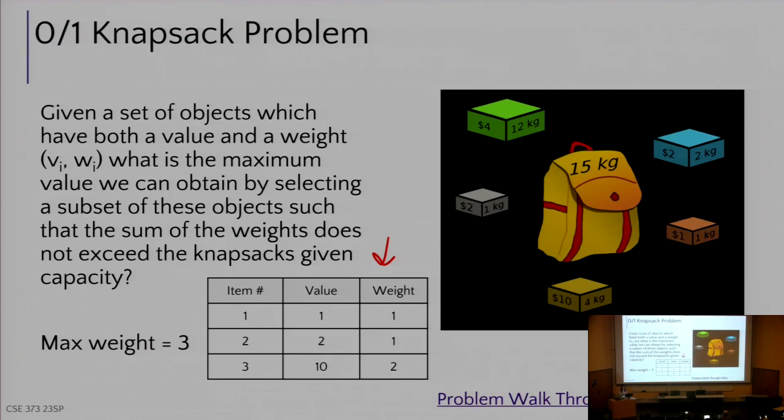We want to find the maximum value we can have in the knapsack without going over that weight limit. This is the example input I have created. With max weight 3, we can use these two, and so the max value will be 12. That's what we're searching for.